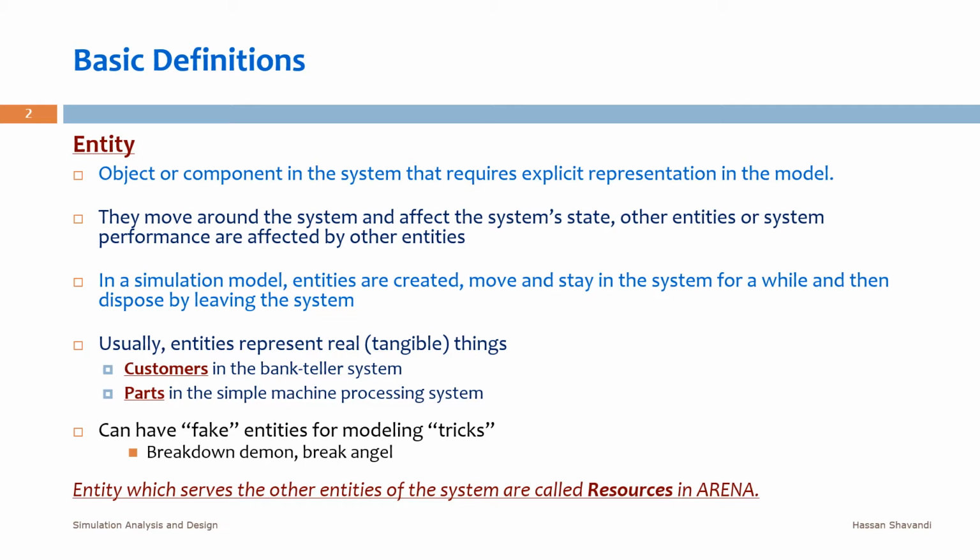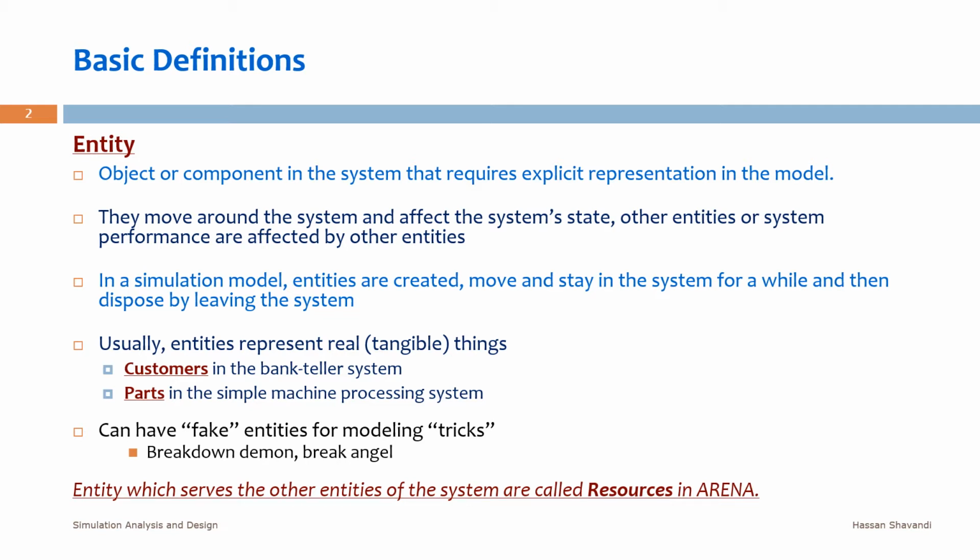So yeah, this actually shows how we can observe the entities in the system. Usually the entities move around the system and they affect the system's state. Entities will affect the other entities' state in the system, right?